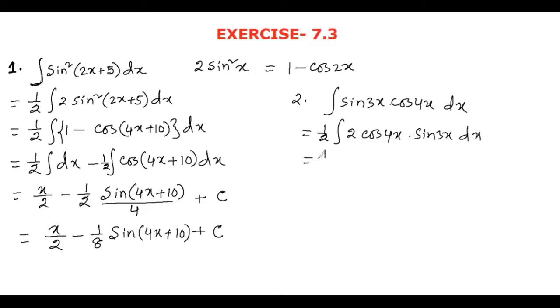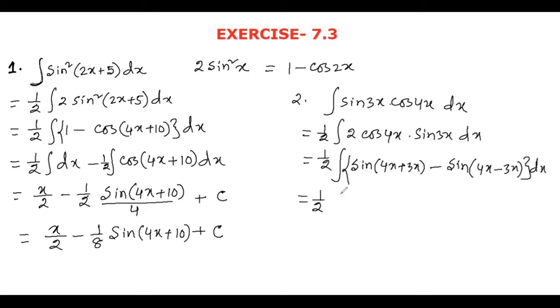So now we'll use that formula, 2 cos a sin b. This formula is sine of (a plus b), 4x plus 3x, minus sine of (a minus b). Okay, so this formula we use.